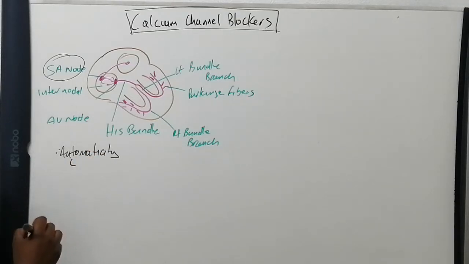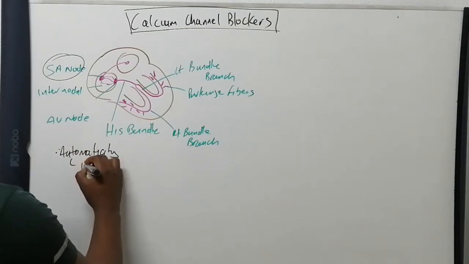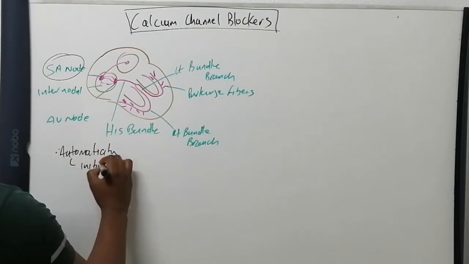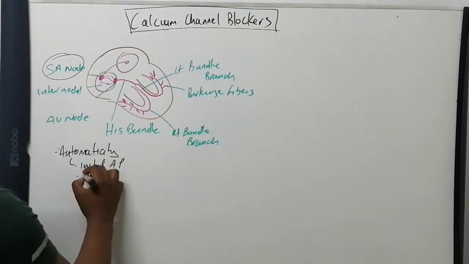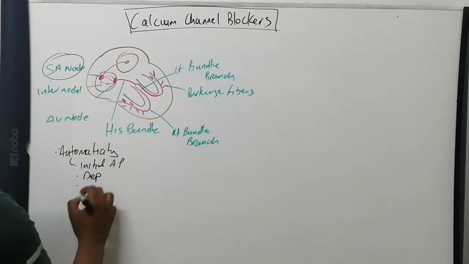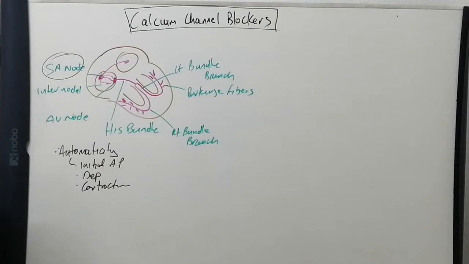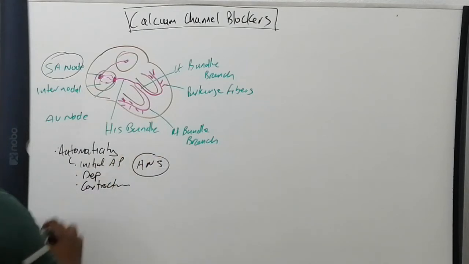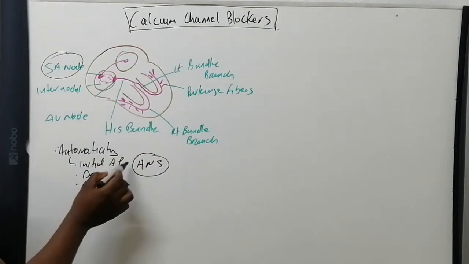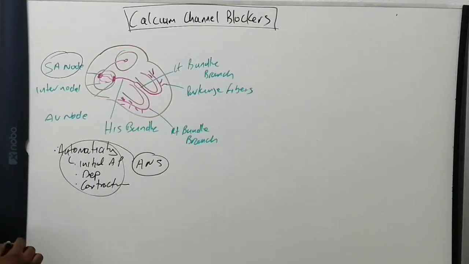So we say automaticity is the heart's ability to initiate action potentials, to depolarize on its own, and contraction occurs, right? But the autonomic nervous system is able to influence at what rate this is done.